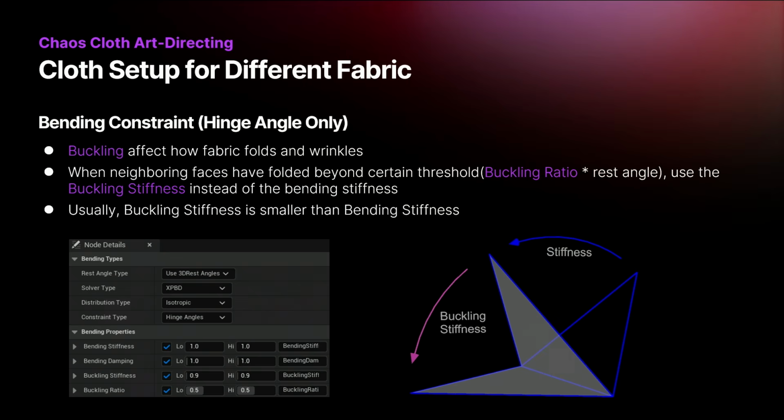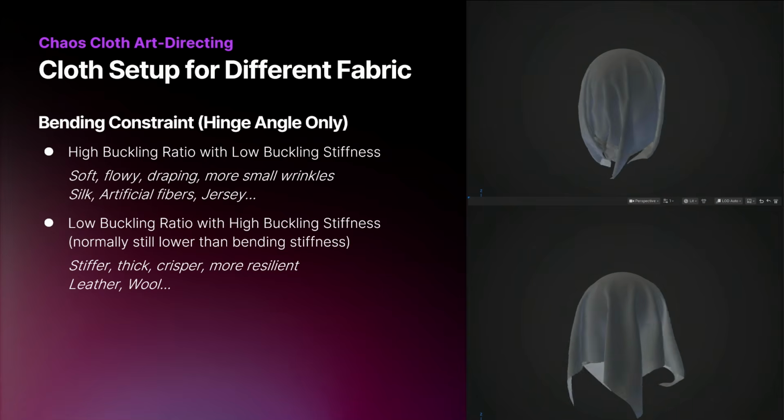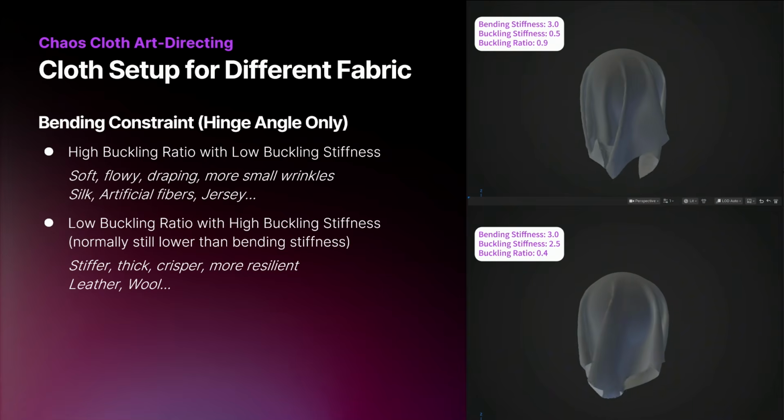When two neighboring triangles bend beyond a certain threshold, the solver switches from using the normal bending to the buckling bending stiffness. And with a lower buckling stiffness, the fabric tends to collapse more easily and stay in a folded or buckled state. You can see the effect of buckling in the videos here.